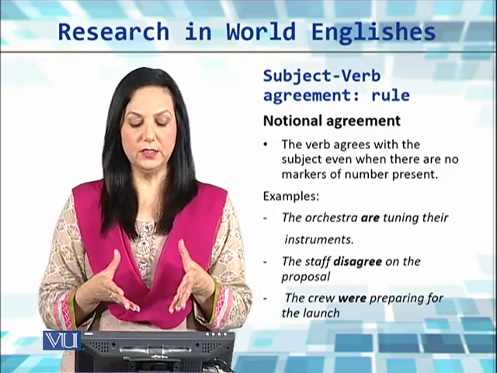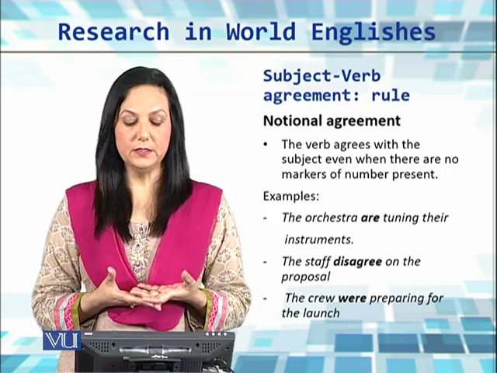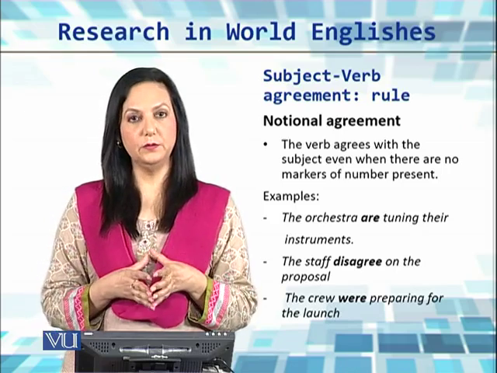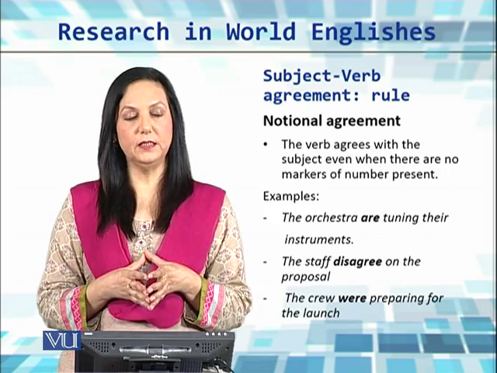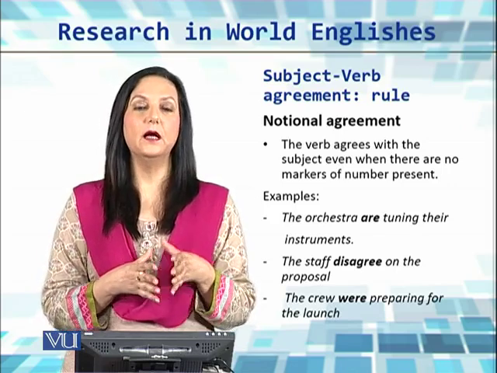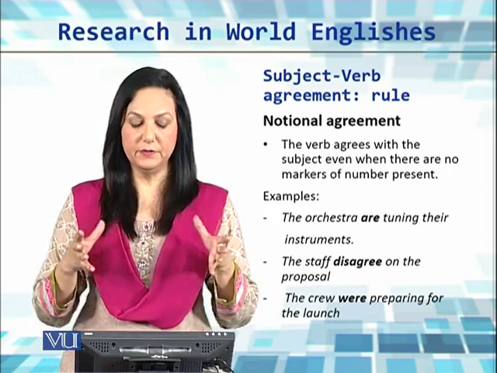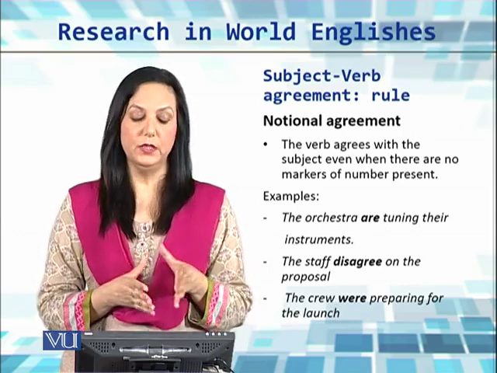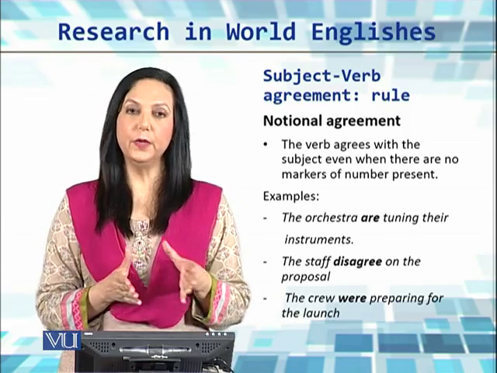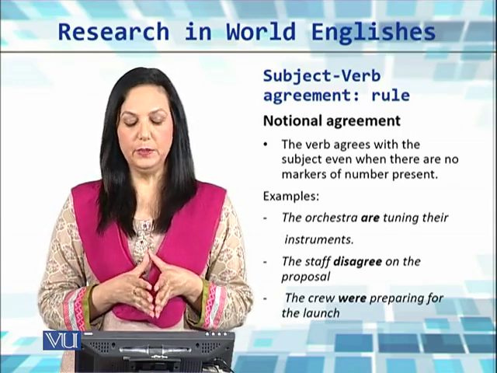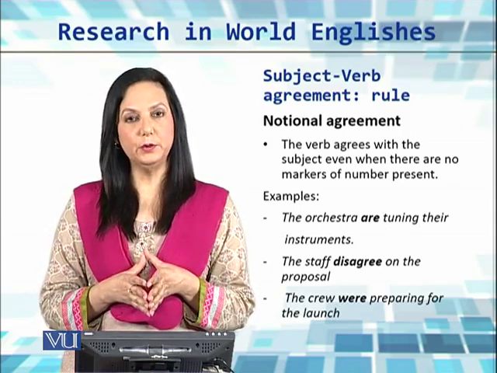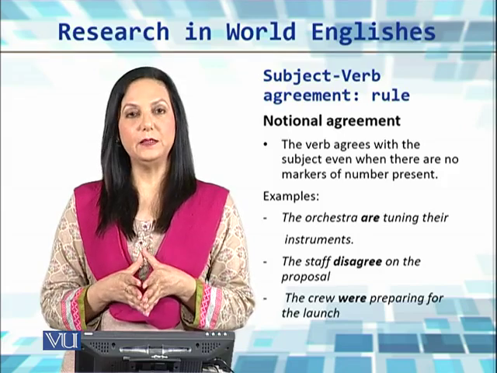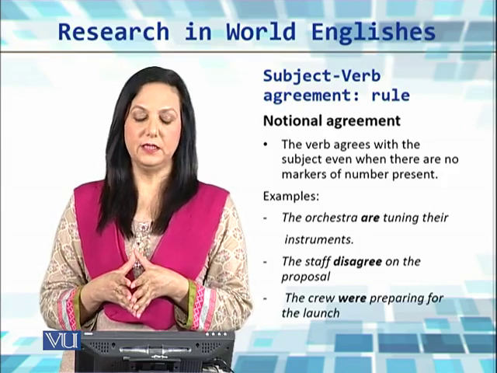The orchestra sounds like a singular word, but it is a collective noun, which means that an orchestra comprises a large set of different people. Therefore, we consider it a collective noun. So even though there's no s on orchestra, we still consider it a plural noun, and in that way, the verb that it takes is are.